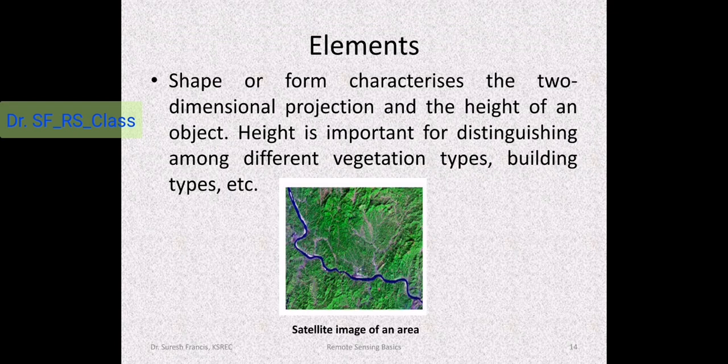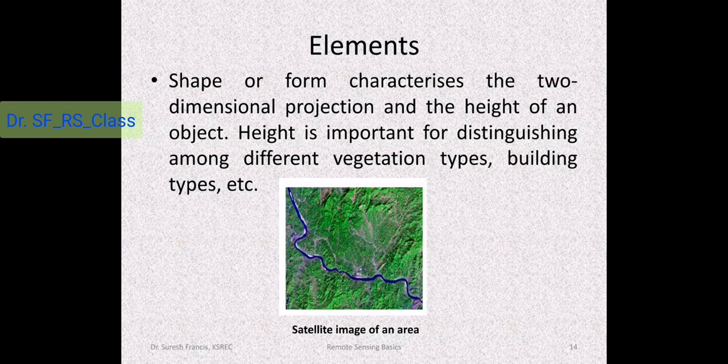And in the case of shape or form, characteristics of the two-dimensional projection, and the height of an object is another element which can be used very well to identify objects. So it can distinguish between vegetation types, the shape, size. The coniferous trees will have a conspicuously different shape and size and height compared to the deciduous trees.